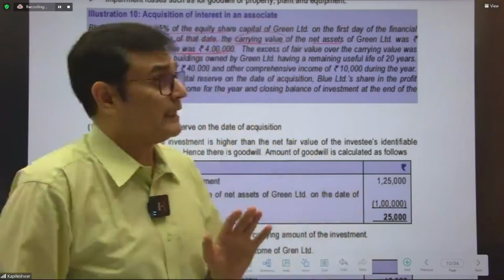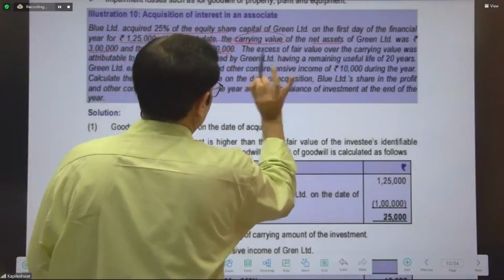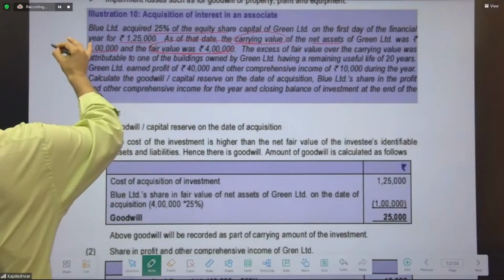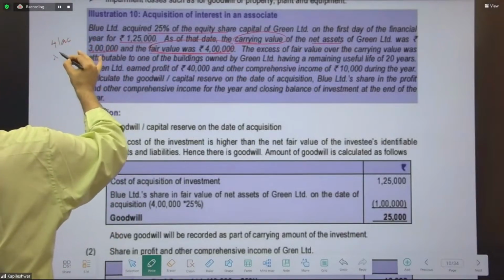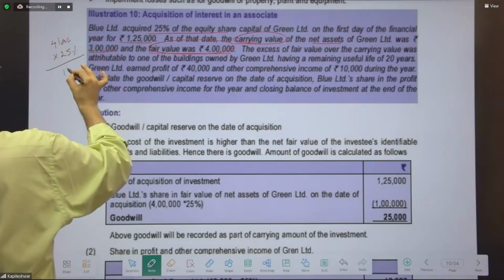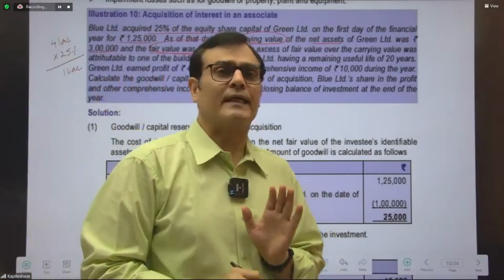I'm not concerned with the carrying value of the net assets. I'm concerned with the fair value of the net assets. So if I want to calculate, for example, I can say that out of 4 lakh rupees of net assets at fair value, you get a 25% stake in the company, which comes out at 1 lakh rupee. The consideration paid is 1,25,000.